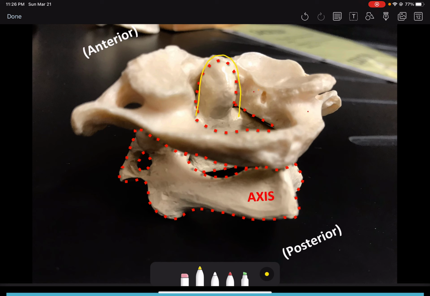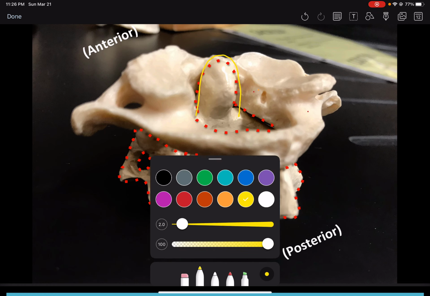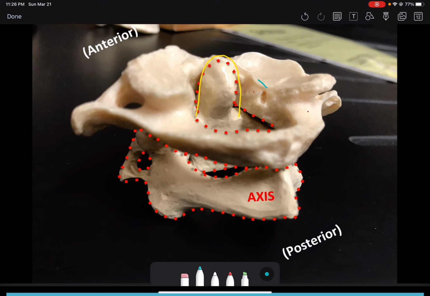Now, basically what happens is that the atlas has superior articular processes, which are very broad and flat, and they are going to articulate with your occipital condyles. Remember, the occipital condyles are those blade or knuckle-like processes at the inferior aspect of your occipital bones, on either side of the foramen magnum, the big hole.